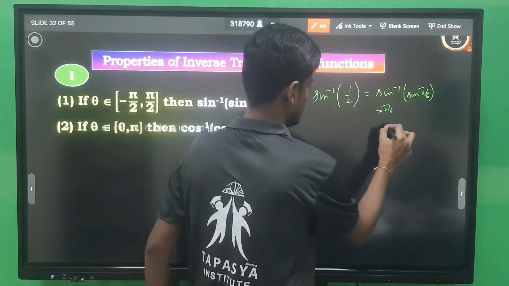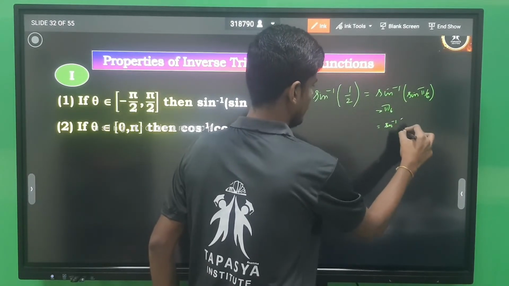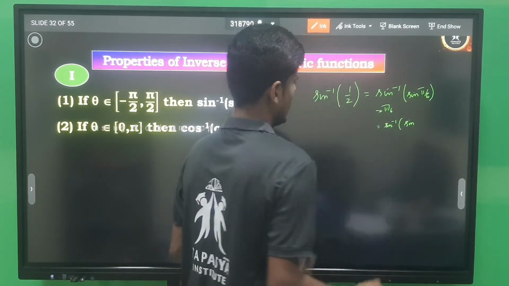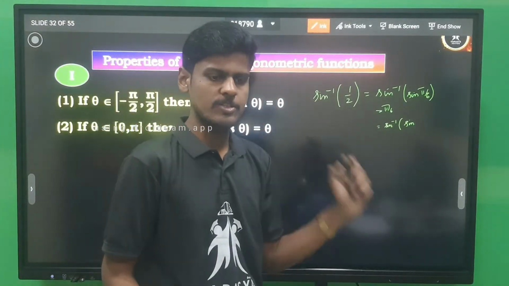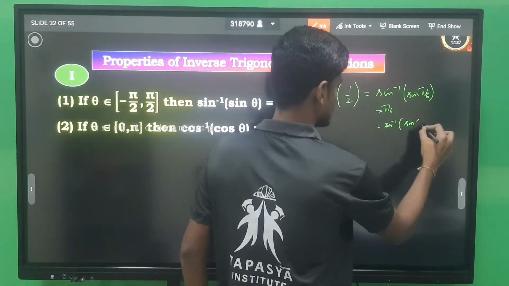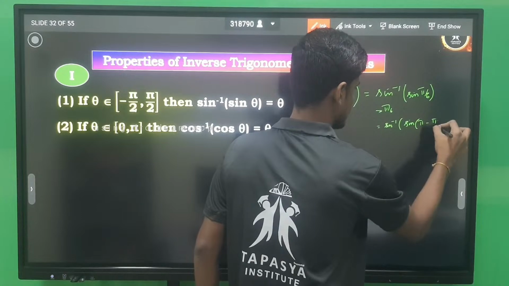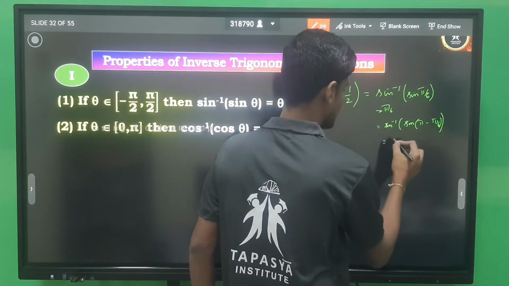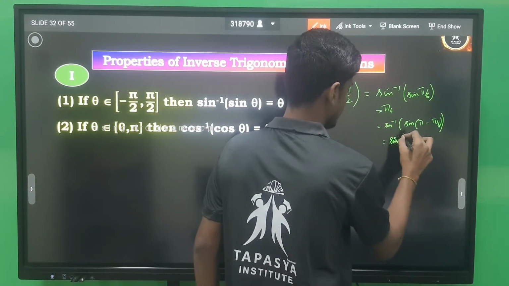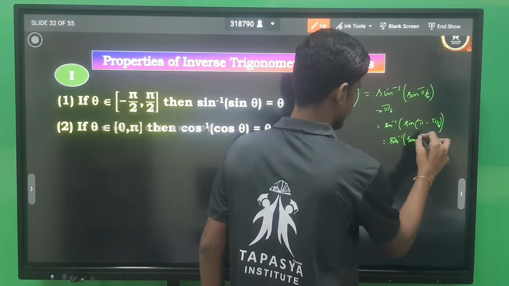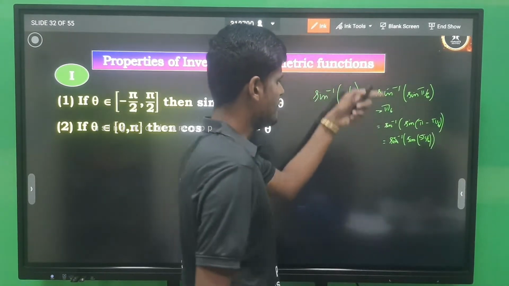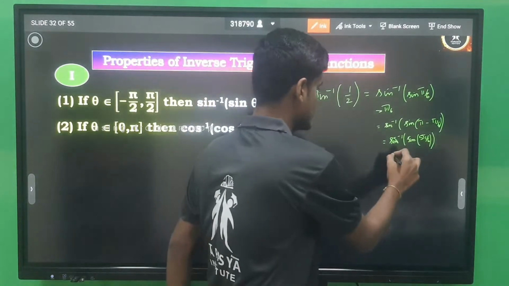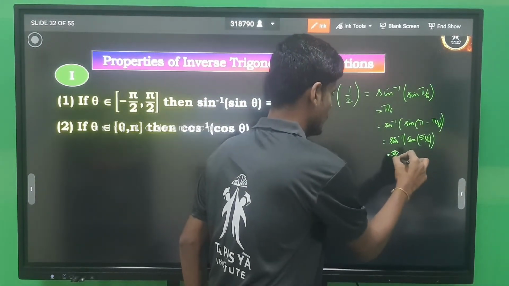Also we can write this as sin inverse of sin of 180 minus 30, because sin of 180 minus theta is also sin theta. That is equal to sin inverse of sin of 5 pi by 6. Now if we compare these two, can we write this answer as 5 pi by 6?